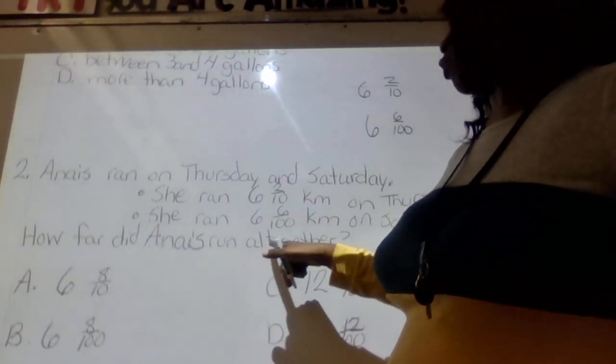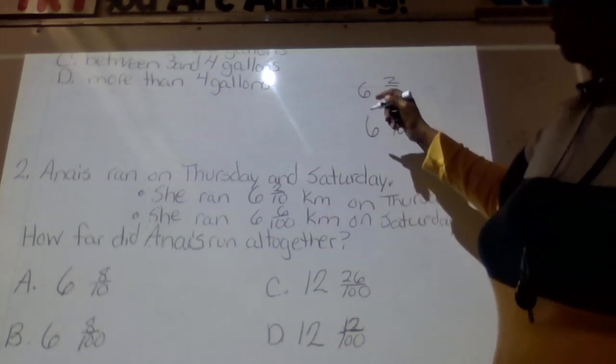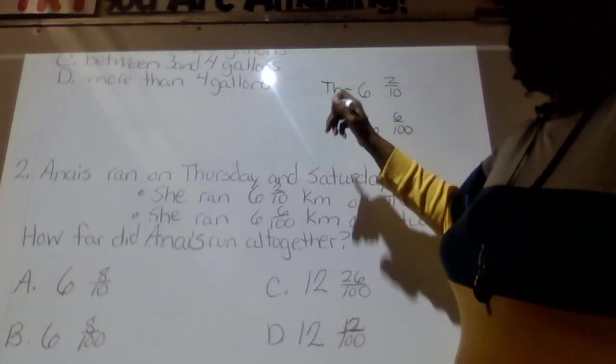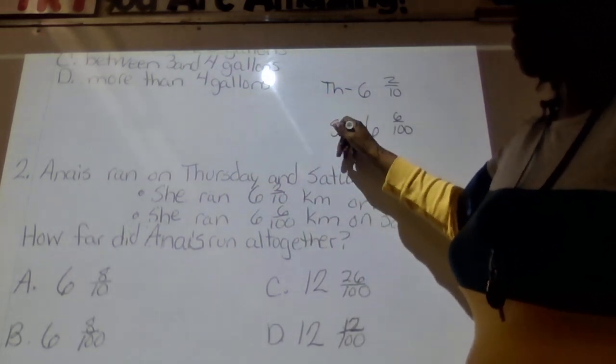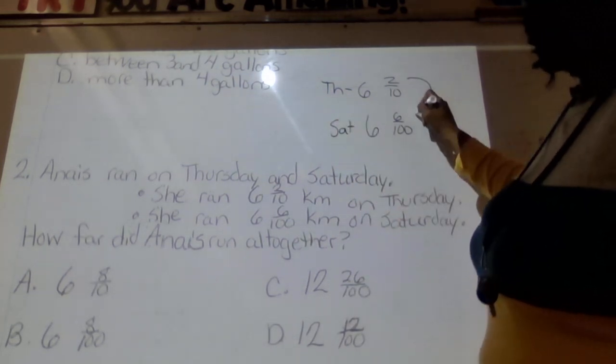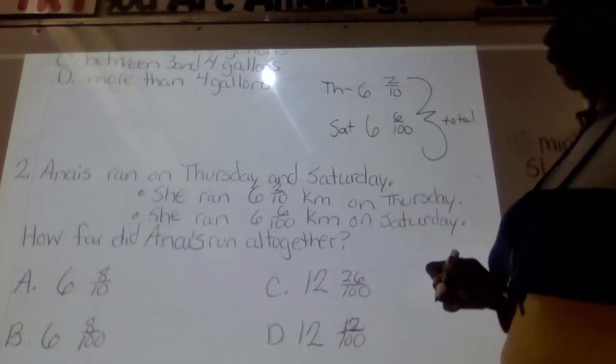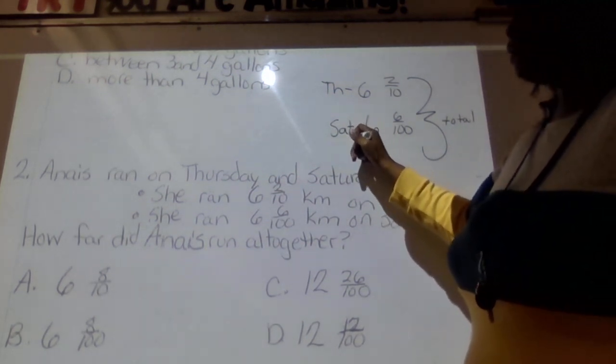How far did Anais run altogether? So we know what she did on Thursday, and we know what she did on Saturday. And so basically it's asking for the total. Okay? So we're going to add this.